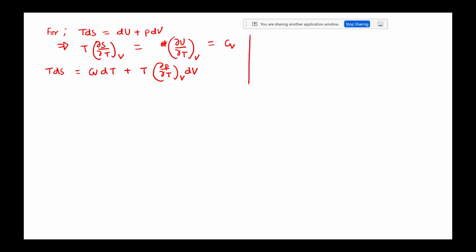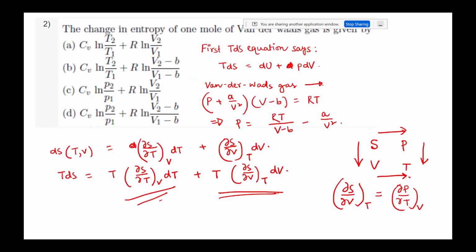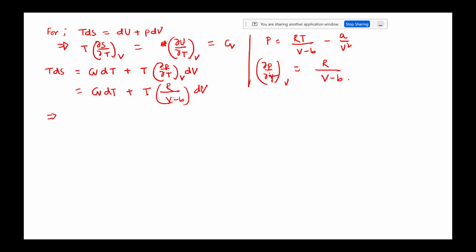Now you got this. P is RT by V minus b, minus a by V square. Now if you get (dP/dT) at constant V, this term is 0, only this term remains. This will be R by V minus b. Let me substitute this. This will be CV dT plus T R by V minus b dV. Now we need to calculate the change in entropy. So dS will be CV dT by T plus R divided by V minus b dV.